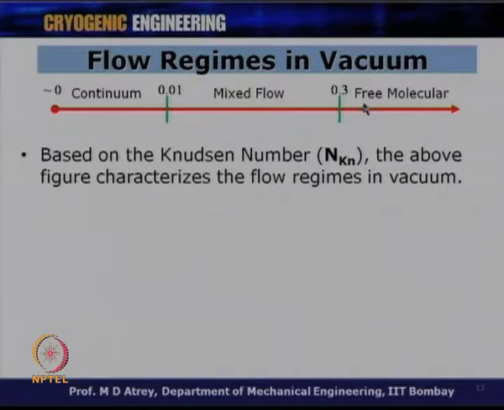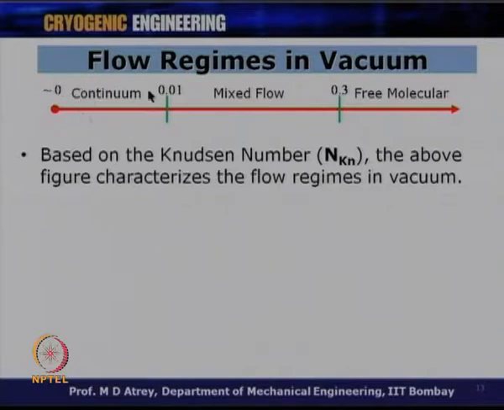So, my molecules are in a free molecular flow region here, they are in the mixed flow regime when the Knudsen number is between 0.01 and 0.3, and if the Knudsen number is less than 0.01, I am still in the continuum region.